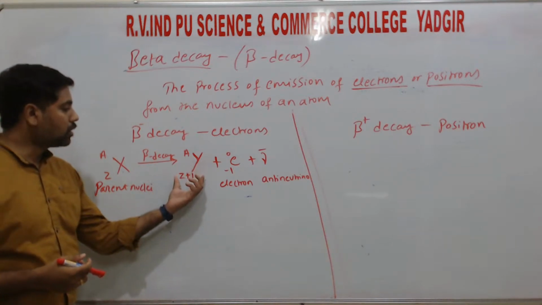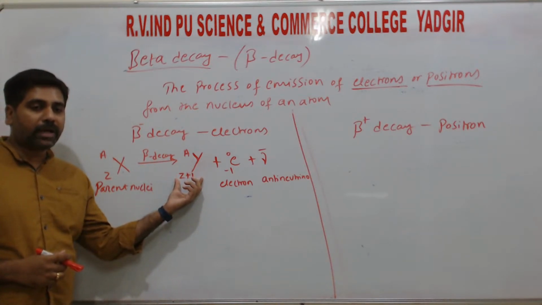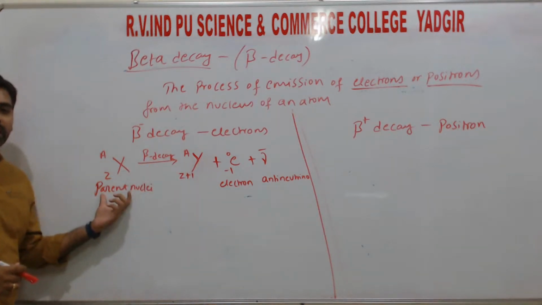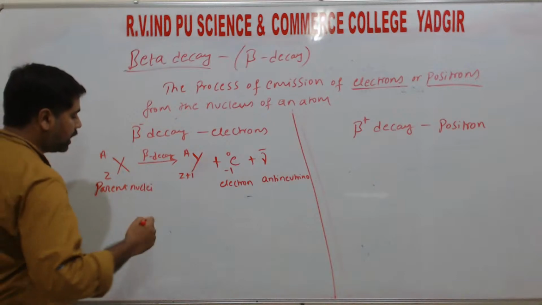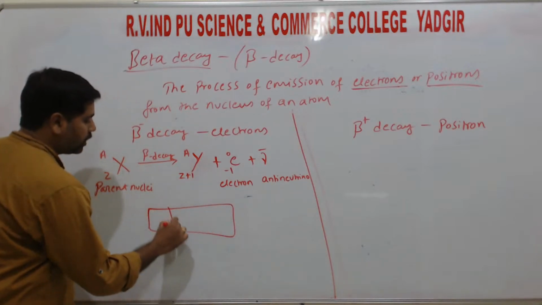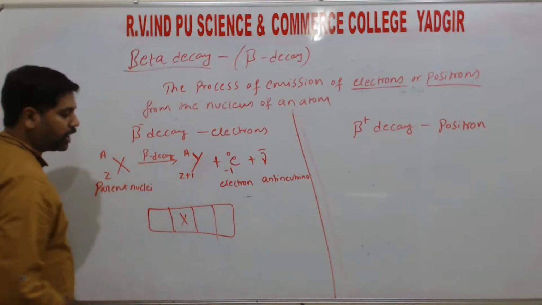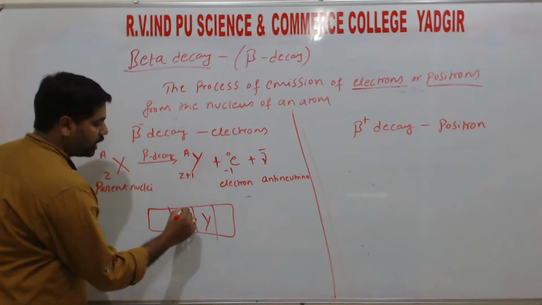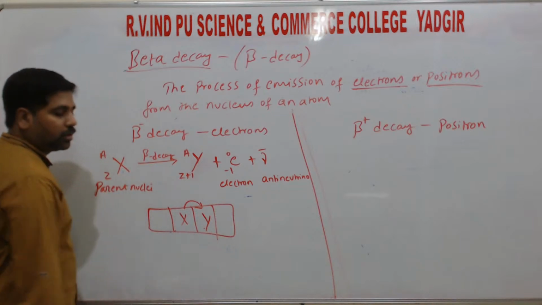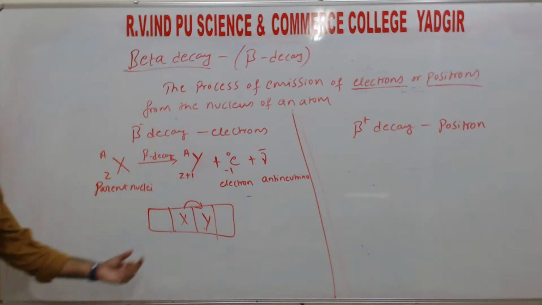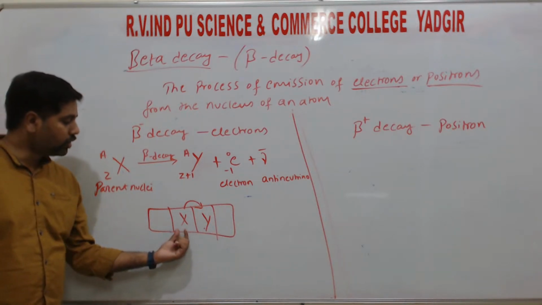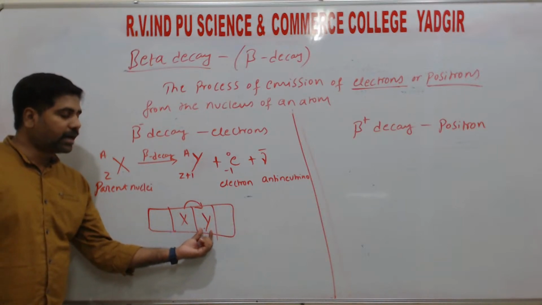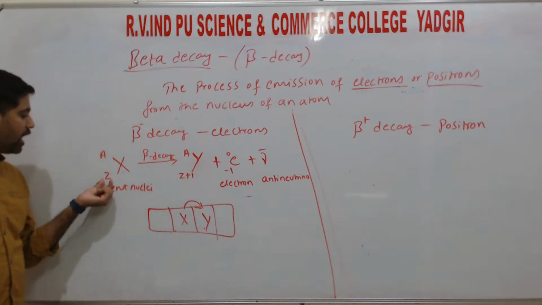The daughter element formed after the beta decay lies one place next to the parent nuclei in the periodic table, right? Here we have the parent nuclei X, and one place to the right in the periodic table we get the daughter element.